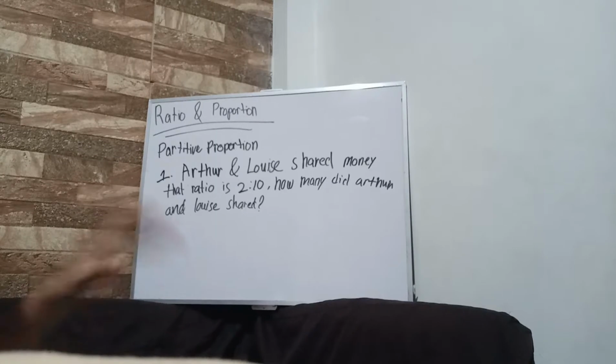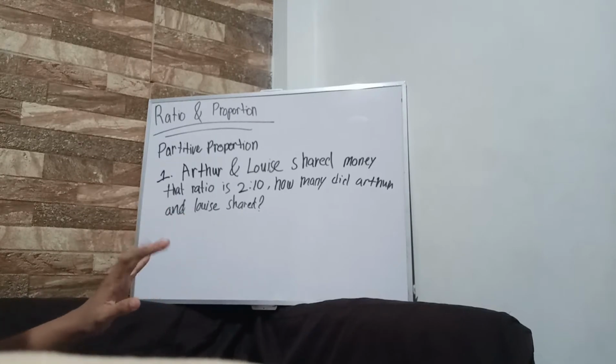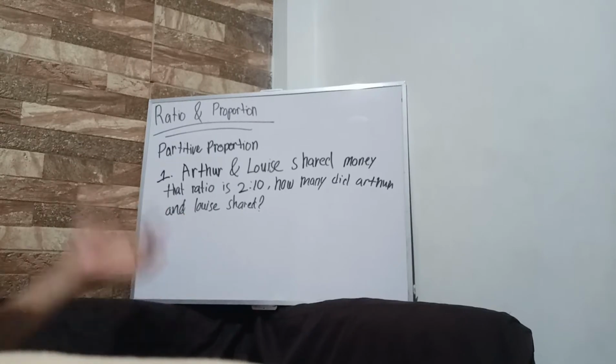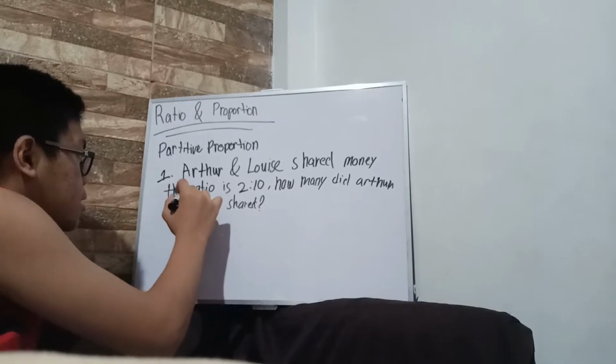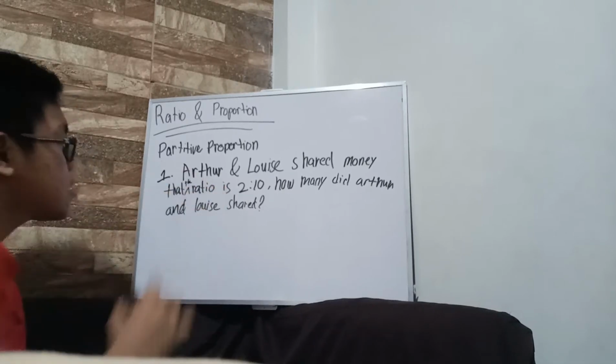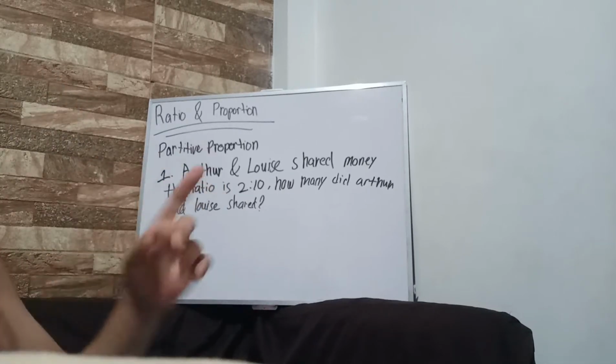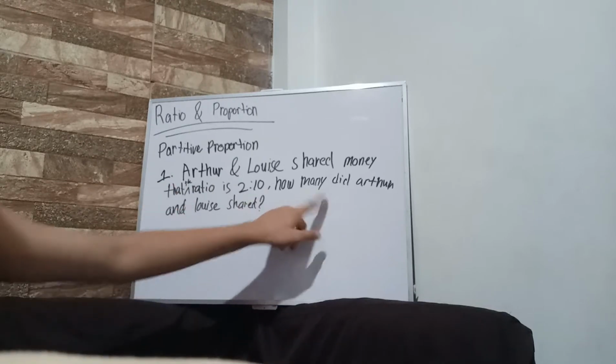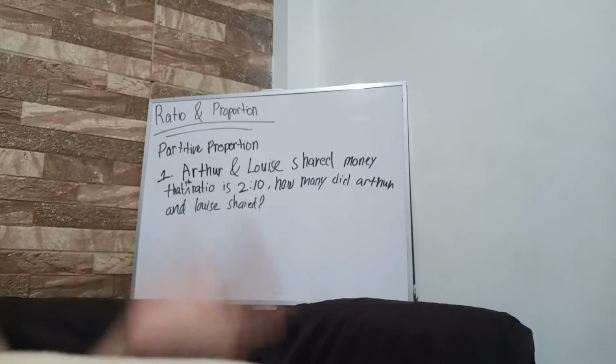Arthur and Luis shared money that the ratio is 2 is to 10. How many did Arthur and Luis shared?